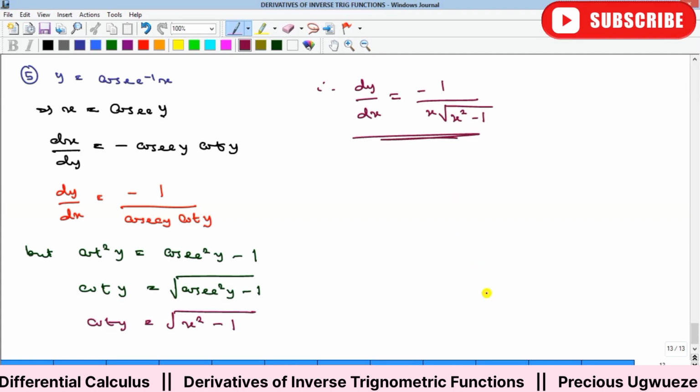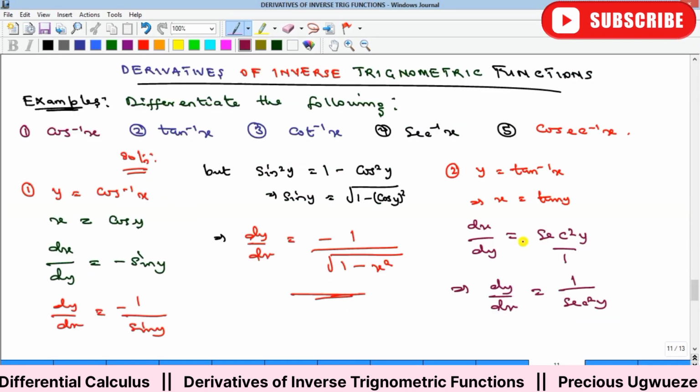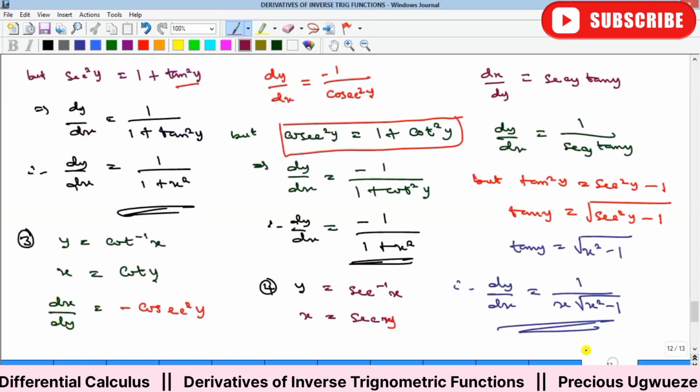And so if you check for cosec and sec, you see that the only difference there is just the presence of the negative sign. And the same thing is applicable for cot and tangent. That's tan inverse and then cot inverse. The only difference is the presence of minus sign.